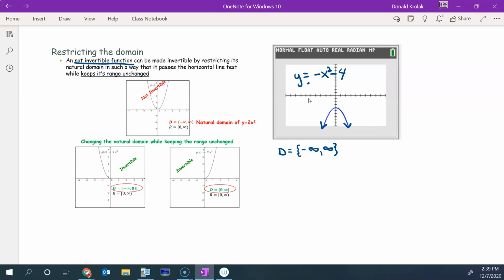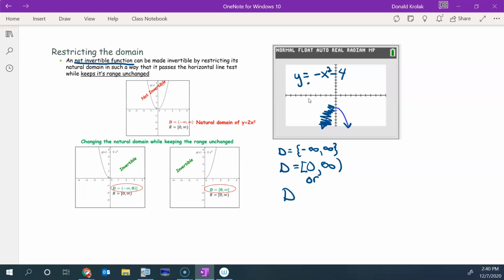However, I can take the domain and change it so that this would pass the horizontal line test. For example, if I said, instead of using this as the domain, let's say that the domain is from 0 to infinity. Okay, then this half of the graph wouldn't be there, and it would now pass the horizontal line test.